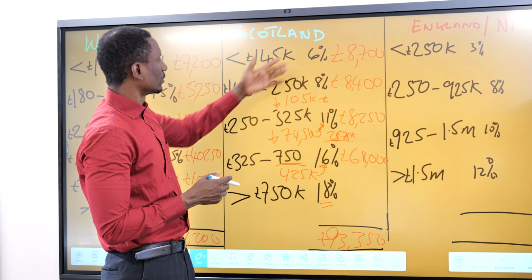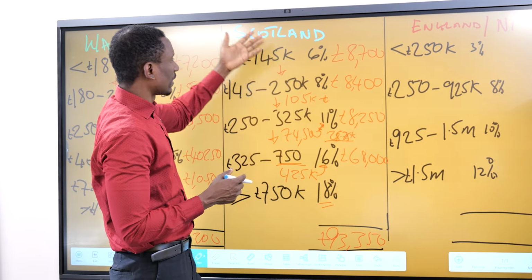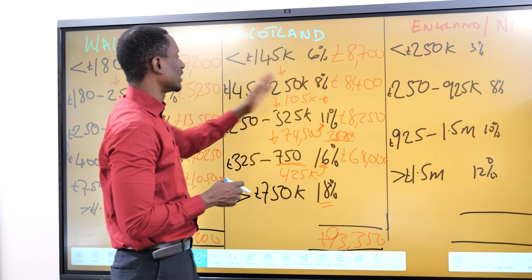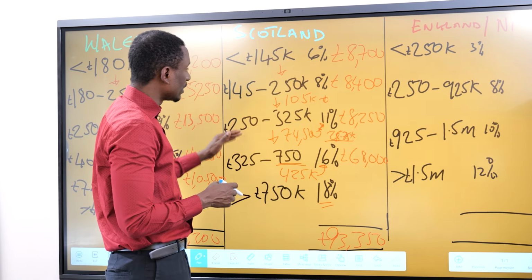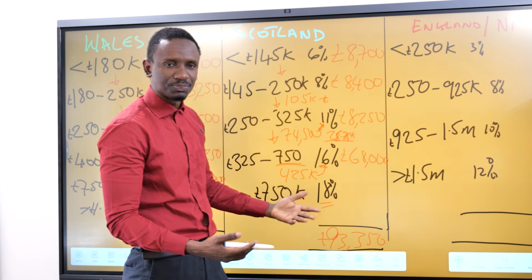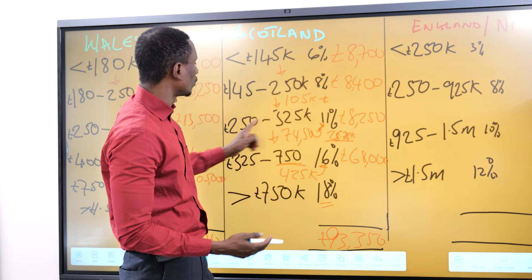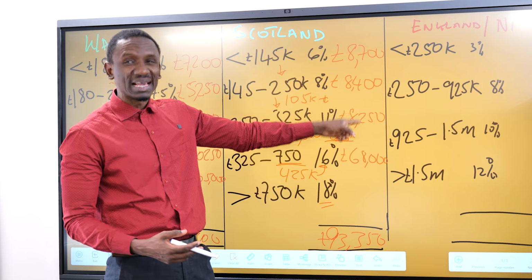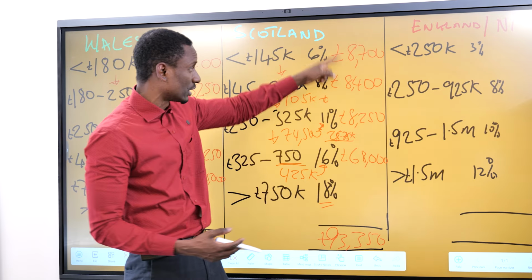So look at the figures. You can say, okay, 145,000, 8,700, anything additional, 8,400. When you start moving up the scale, it starts becoming a little bit expensive. You can see here, from 250 to 325, you're talking about 8,250 additional.